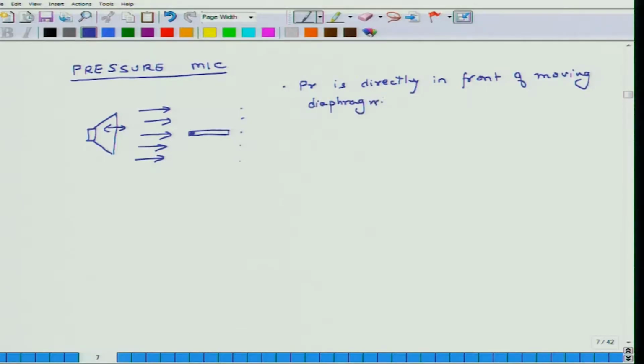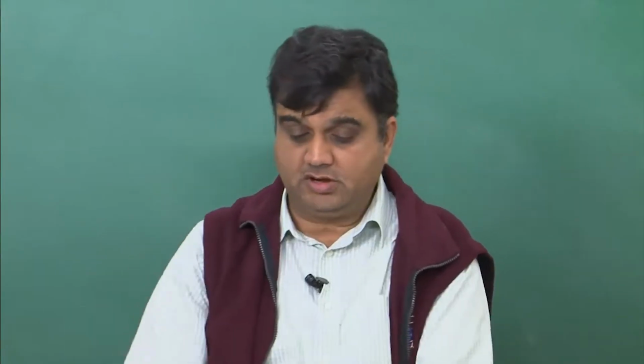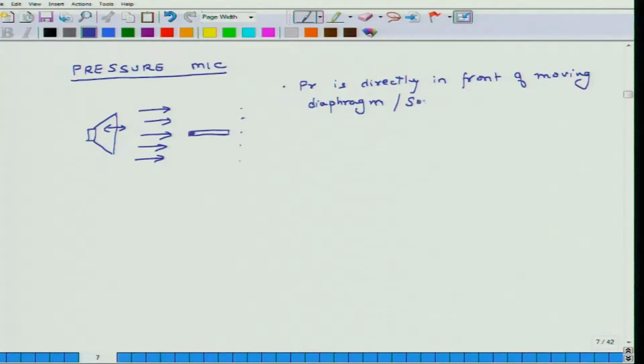An example could be a wing of an aircraft which is fluttering like this, and you want to put a microphone here. So it is the same kind of situation; it does not have to be a speaker all the time. So, diaphragm or source.